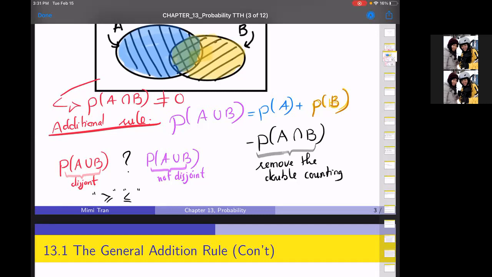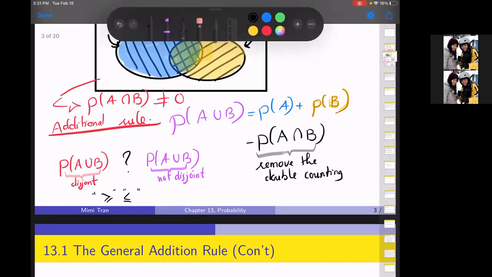Why? People who say greater than, tell me why you choose greater than or equal to. If you guys don't volunteer, I'm going to pick one from here.